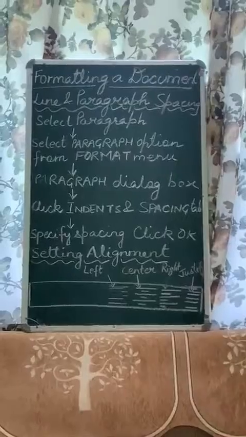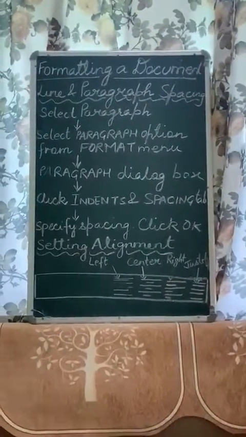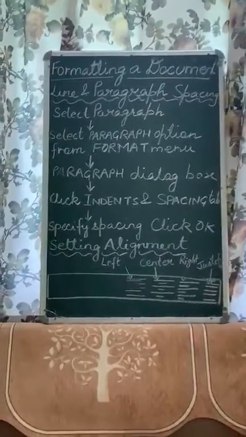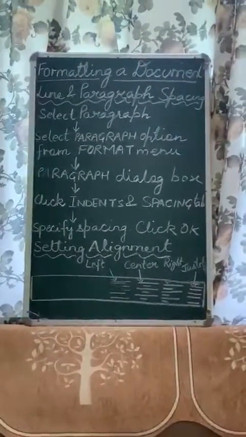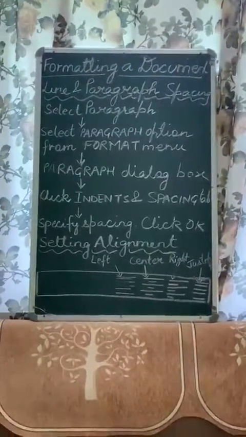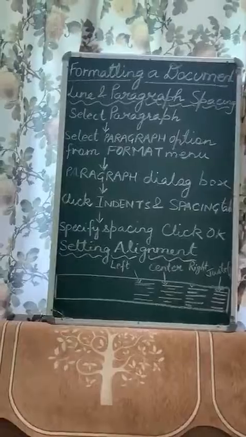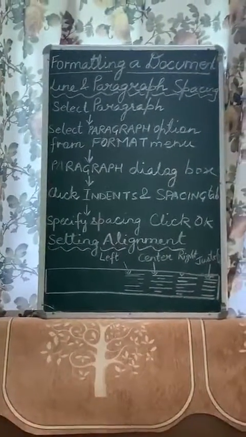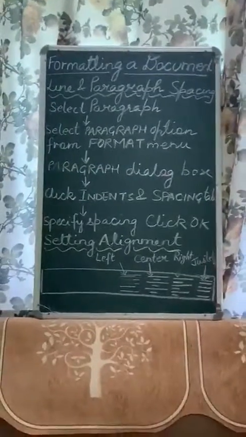Just by setting the alignment you can do so. Plus you can also set the alignment beforehand, that means even before you have started writing, you can set your alignment in the paragraph or in a complete document. So these are the various things that are done.